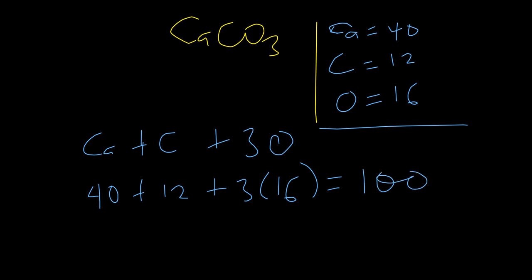So the relative molecular mass of calcium carbonate, calcium trioxocarbonate(IV), is 100. It doesn't have any unit because it's the relative molecular mass. I believe we have to look at the last example, then we'll bring the lesson to an end.